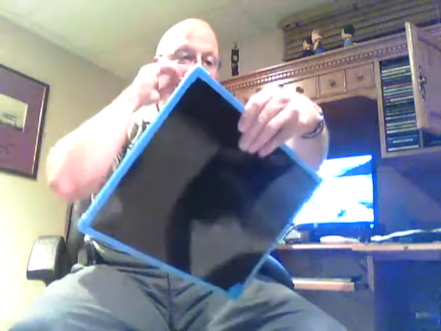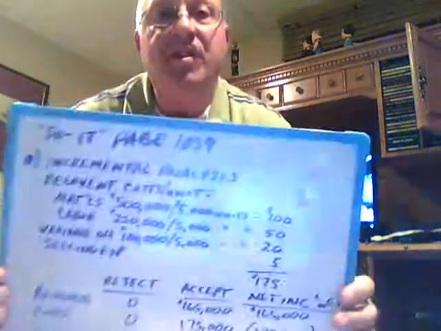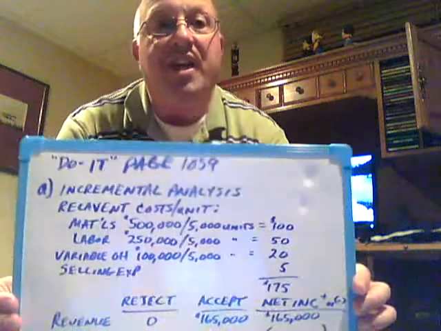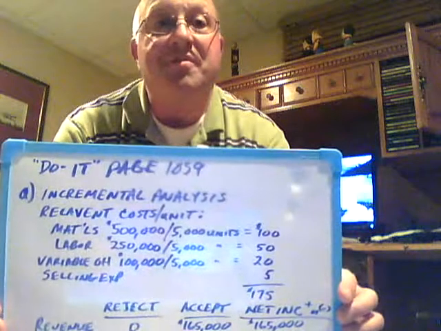Now, let's go over to the do it exercise on page 1059, and this is an incremental analysis involving rejecting or accepting an offer by someone to buy your product at a lower price than normal.